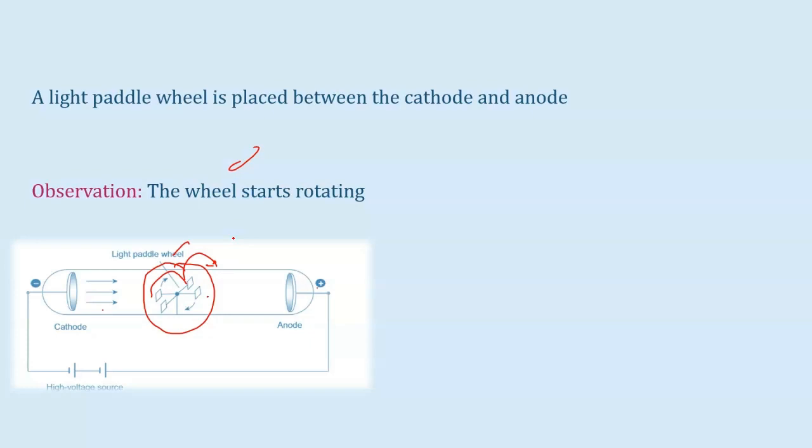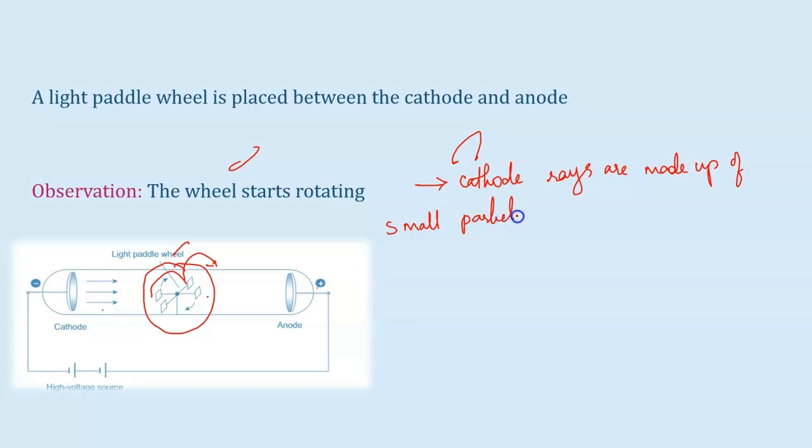The first one is that cathode rays travel in a straight line. And after that, cathode rays are made up of small particles having mass and kinetic energy.